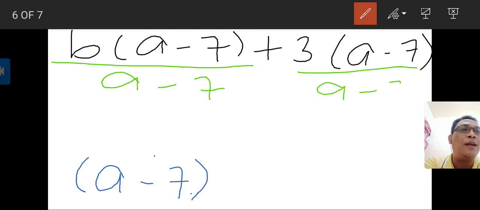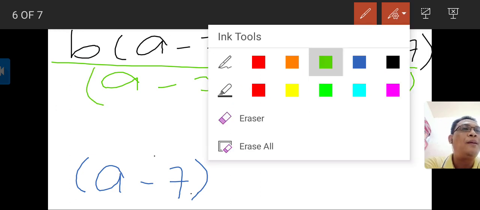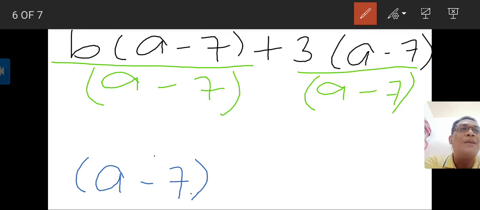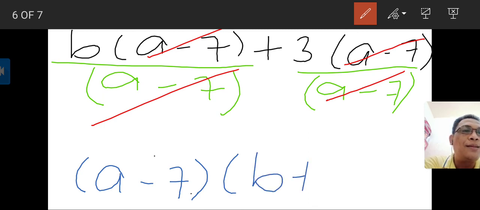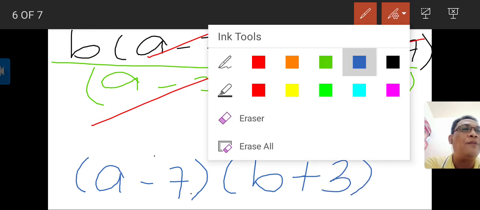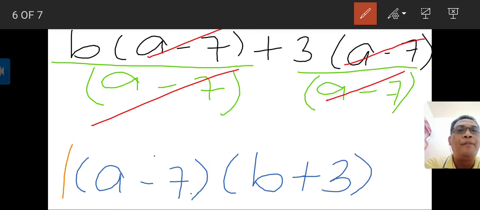So the a minus 7 on the first term should be cancelled out, and the a minus 7 on the second term should be cancelled out. And what remains is b plus 3.